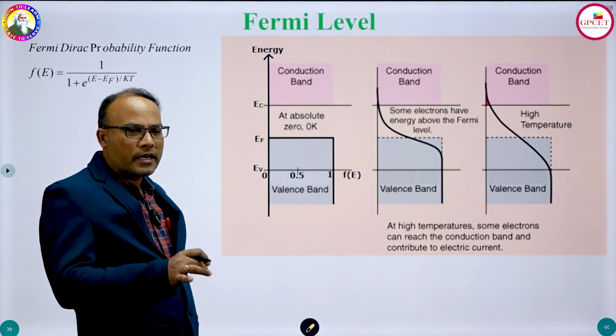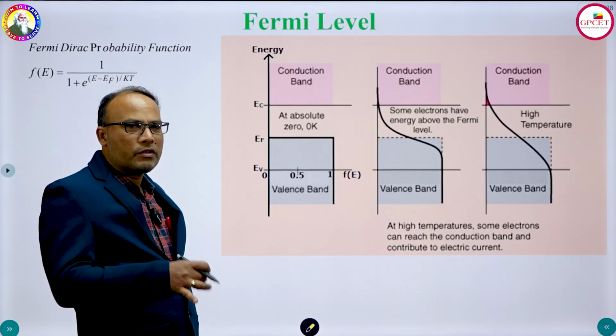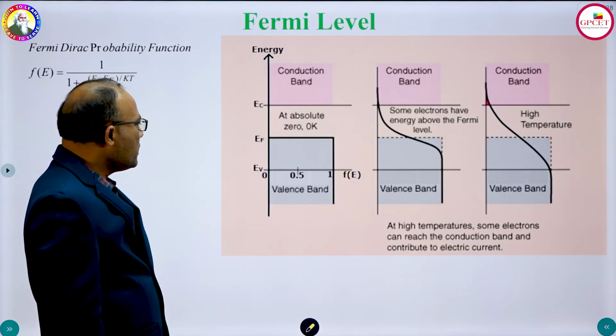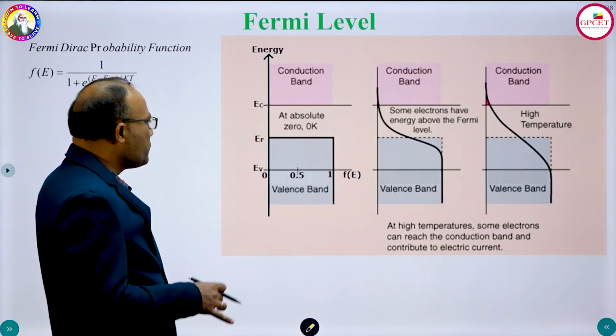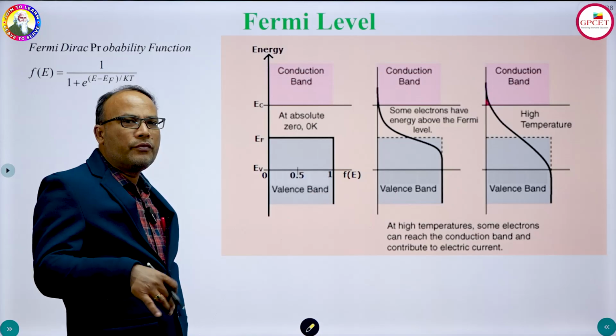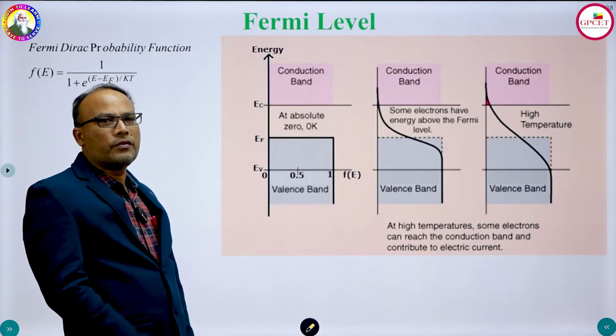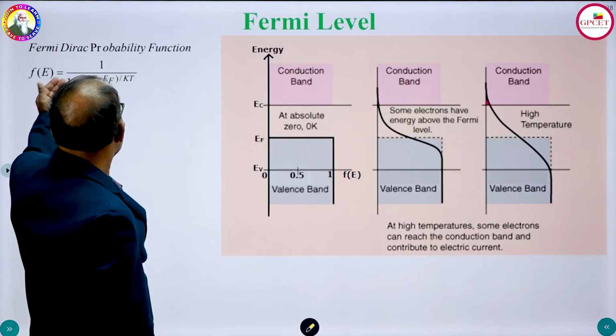That energy level filled with 50% of electrons is called the Fermi level. And the energy state which is filled with electrons can be found by using a probability distribution function, which is called f of E.